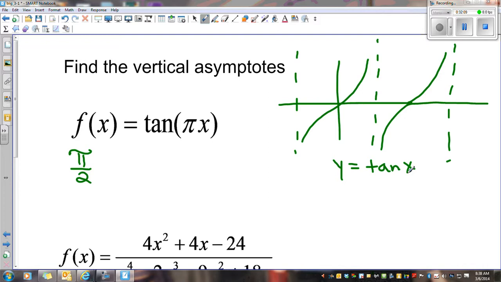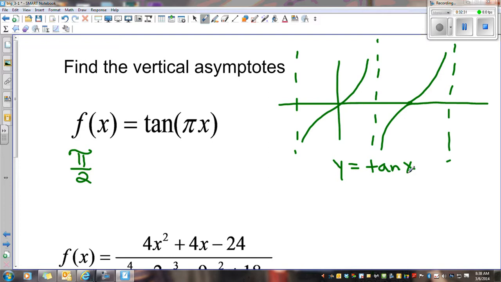So we need to know when this angle is going to come out to be pi over 2, because that's our problem. How can I find out when this angle becomes pi over 2?